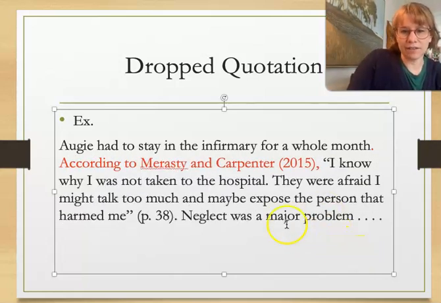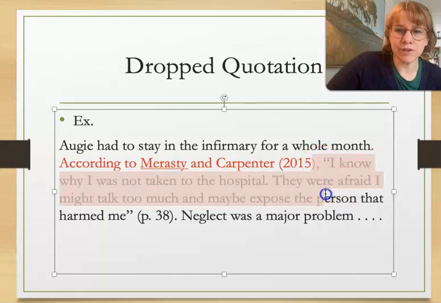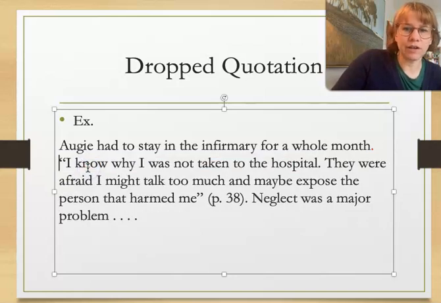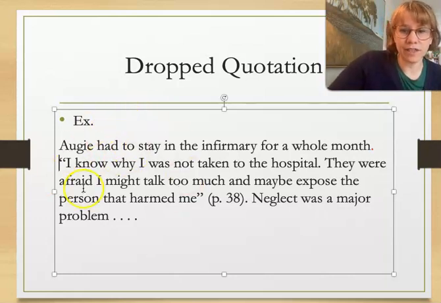And then have that information like so. So there's a couple different ways to fix the problem, but it's important to know that you can't just have a quotation on its own floating in the middle of your paragraph. You need to do something else to integrate it into a sentence and connect it grammatically with the rest of your writing.